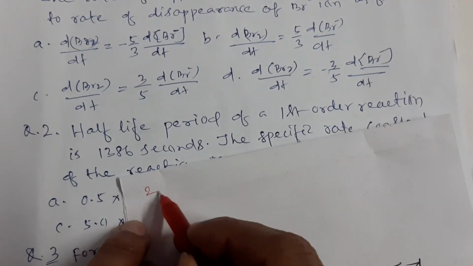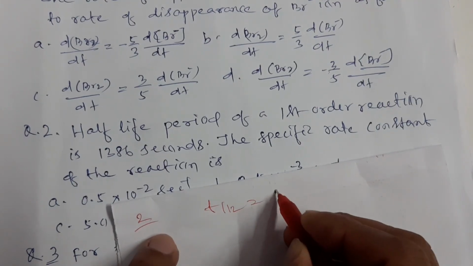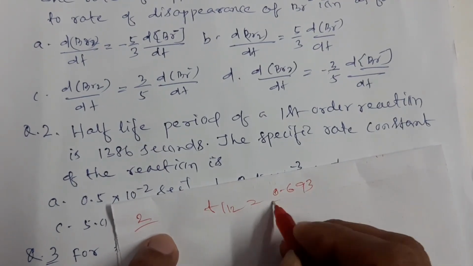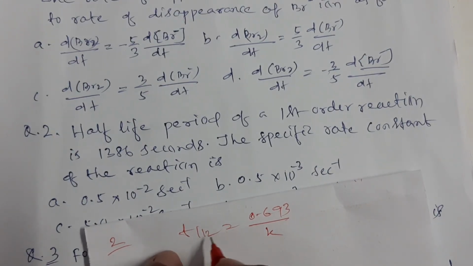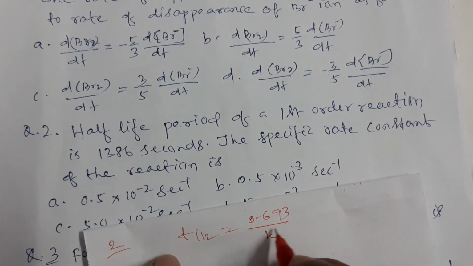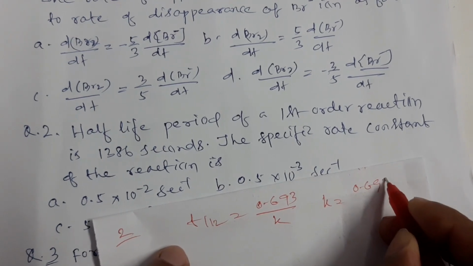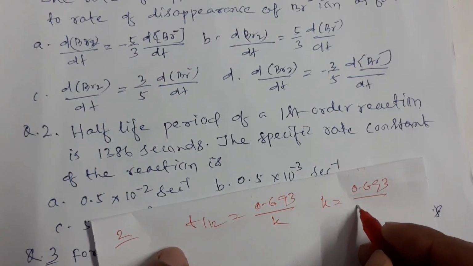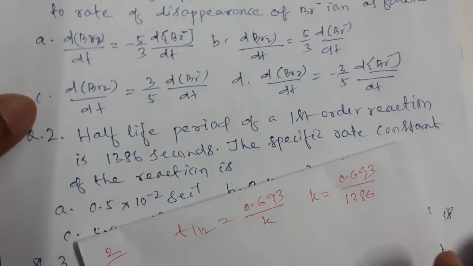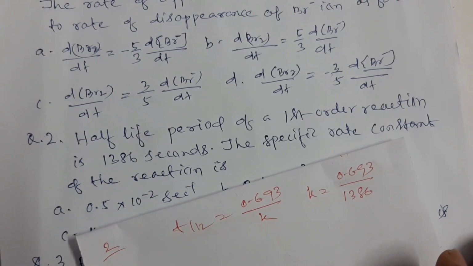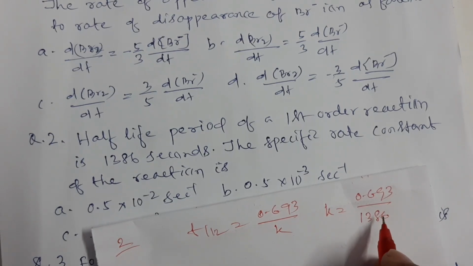So the half-life period is equal to 0.693 by K. The half-life period is given, so you have to find K, which is equal to 0.693 by 1386, the half-life period of the first order reaction.